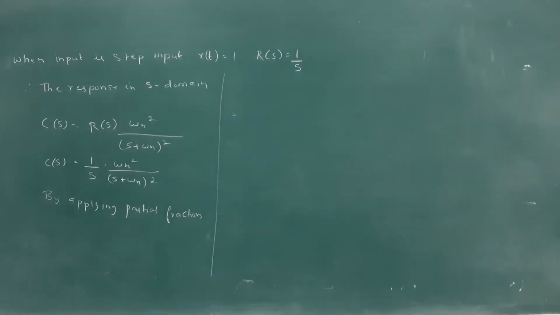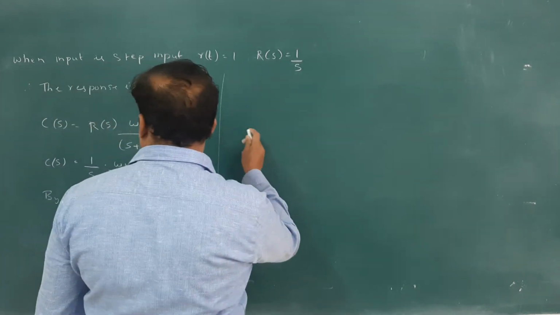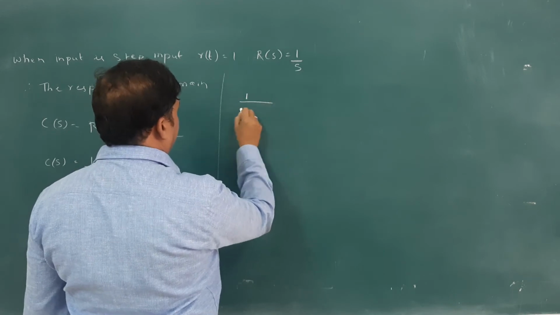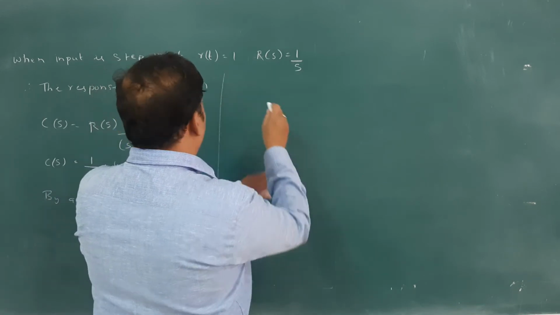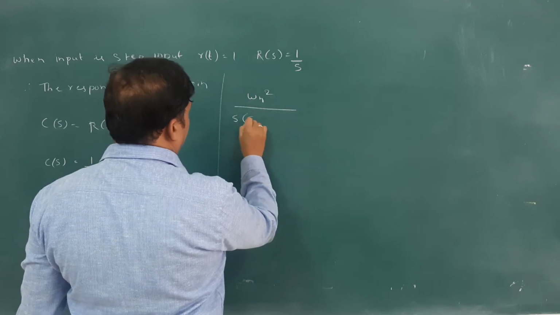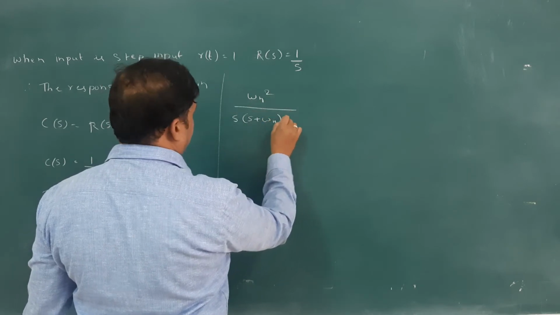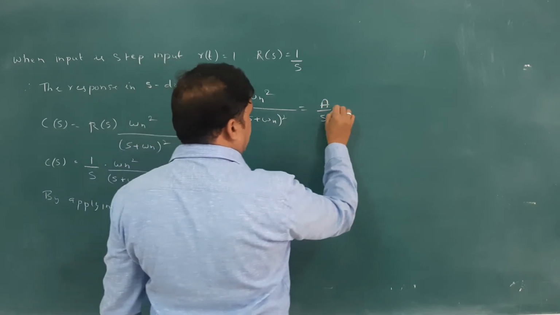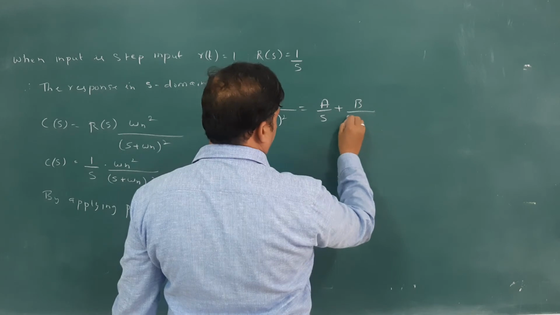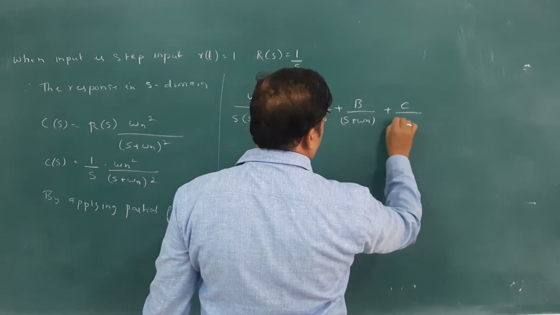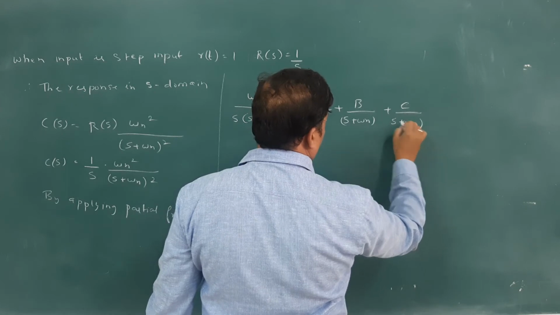By applying the partial fractions for this term, we get C of s equal to omega n square divided by s into s plus omega n whole square, which equals A by s plus B by s plus omega n plus C by s plus omega n whole square.